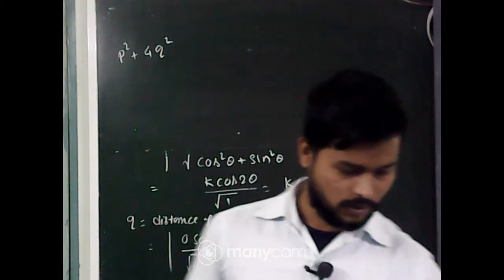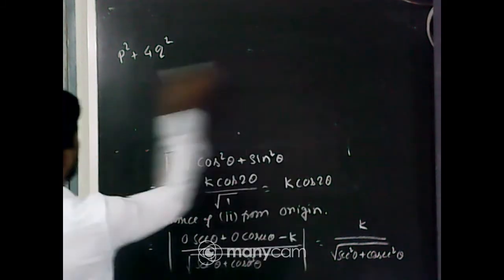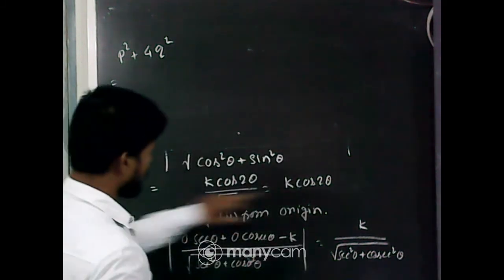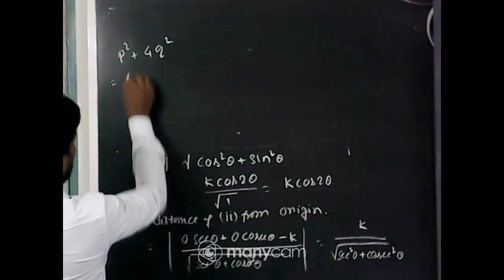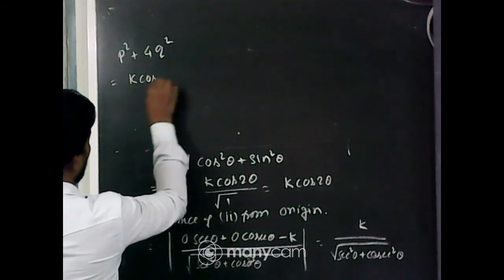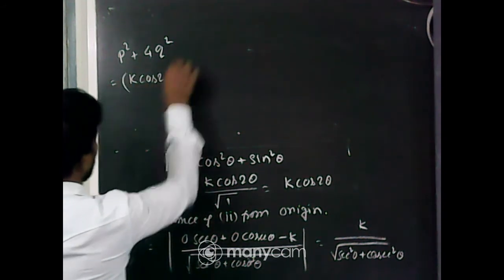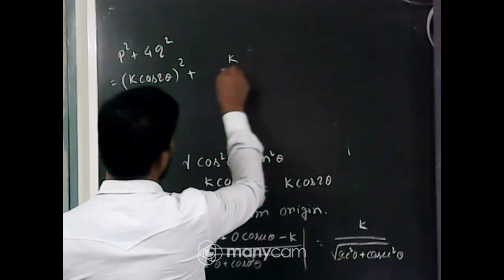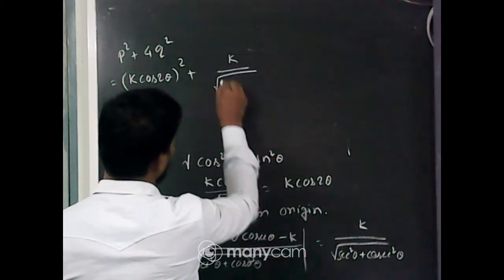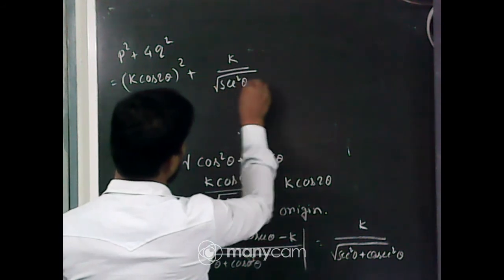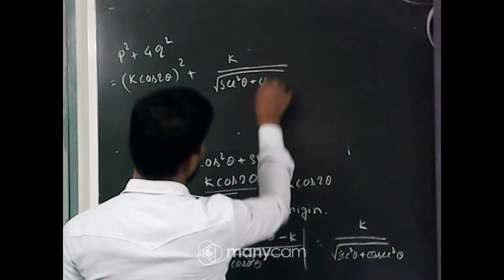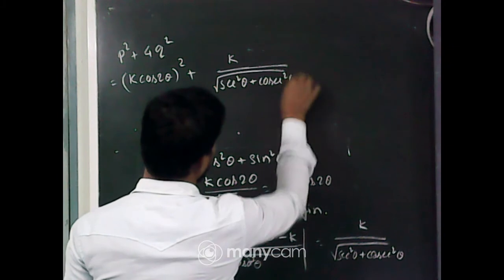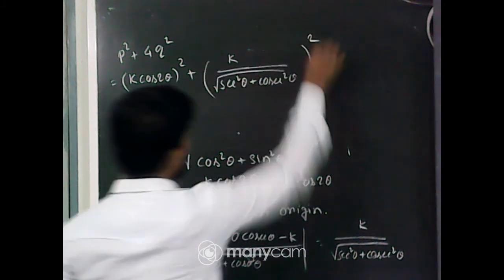Clear? Okay. So now just apply the formula. So p square means the value of p is here, k cos 2 theta whole square, plus q square means square of k by under root of sec square theta plus cosec square theta, whole square.